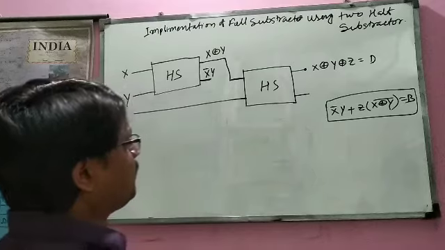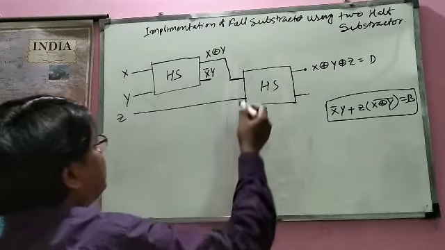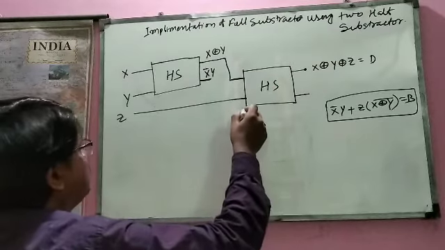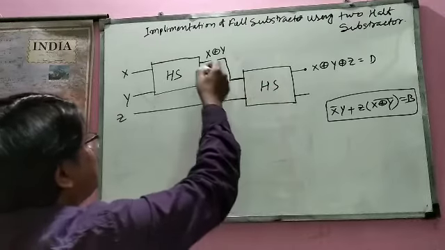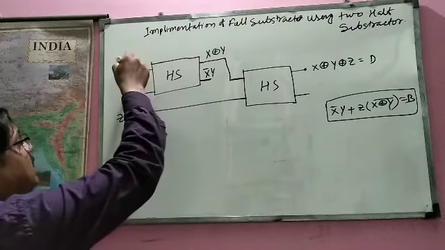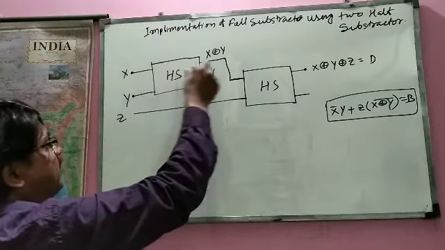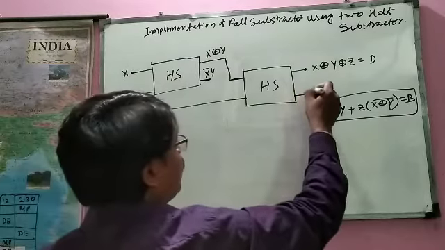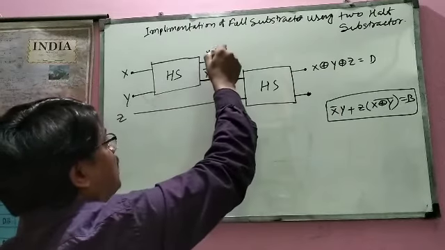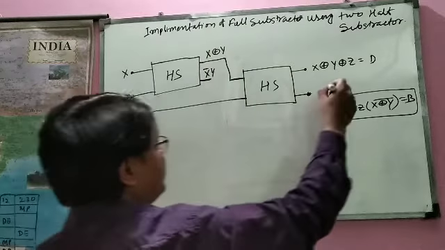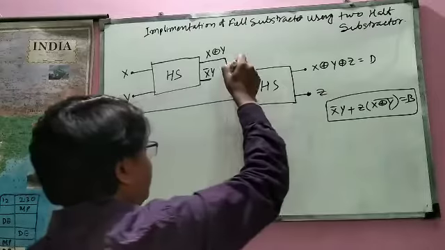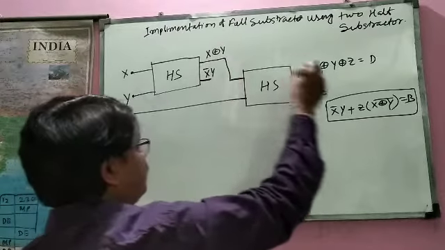It will be the multiplication of, okay, what is this? This is nothing but the complement of this and the multiplication of this directly. So its output will also be this one, the multiplication of this z, okay, and the complement of this.